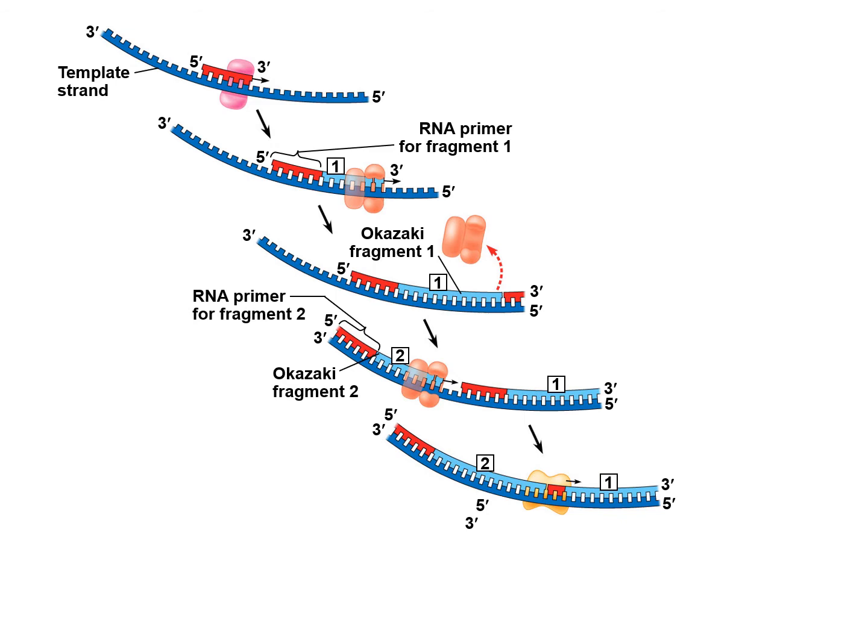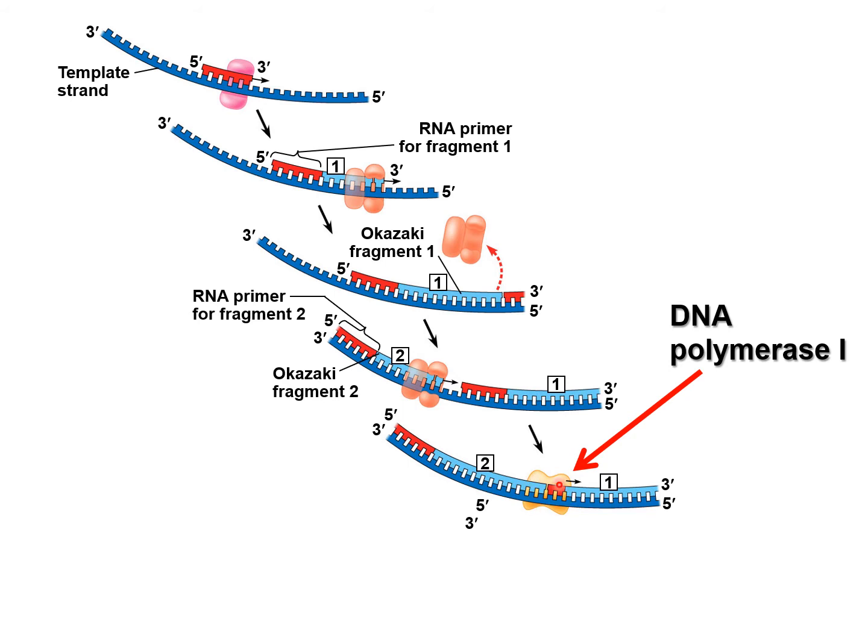So we have ligase coming. But before we can use the ligase, we need DNA polymerase 1. This is DNA polymerase 3. These orange ones are polymerase 3. This is primase up here.